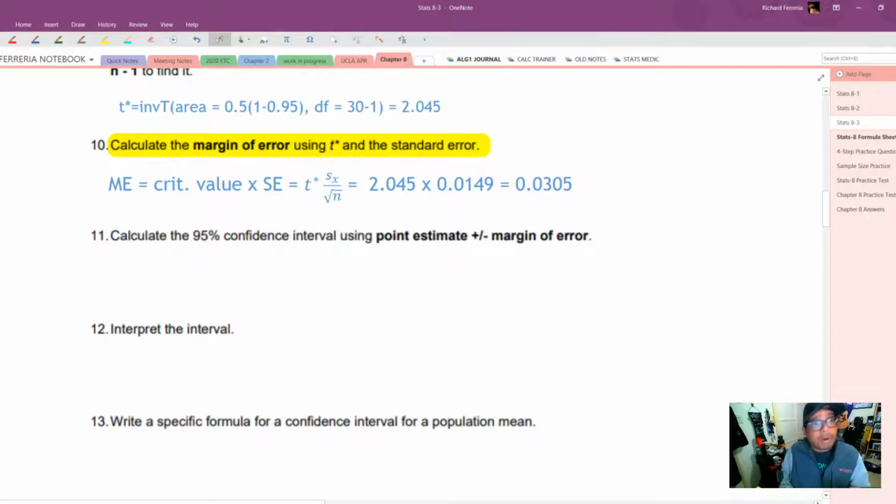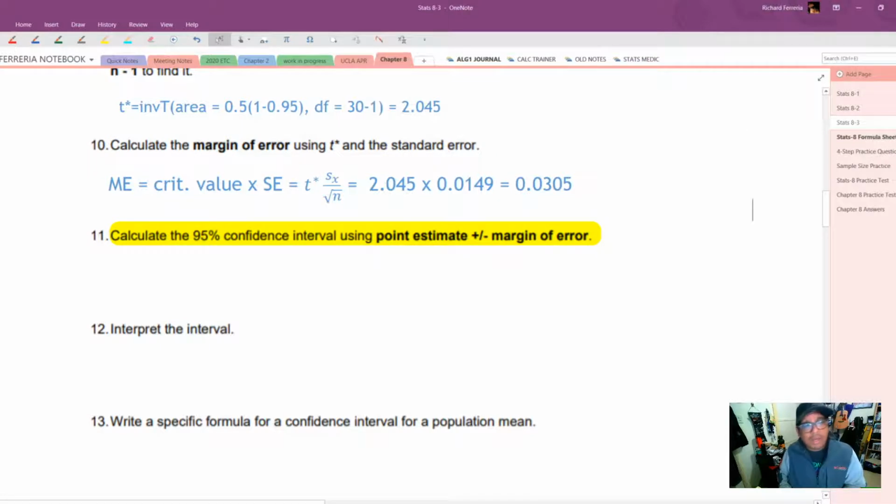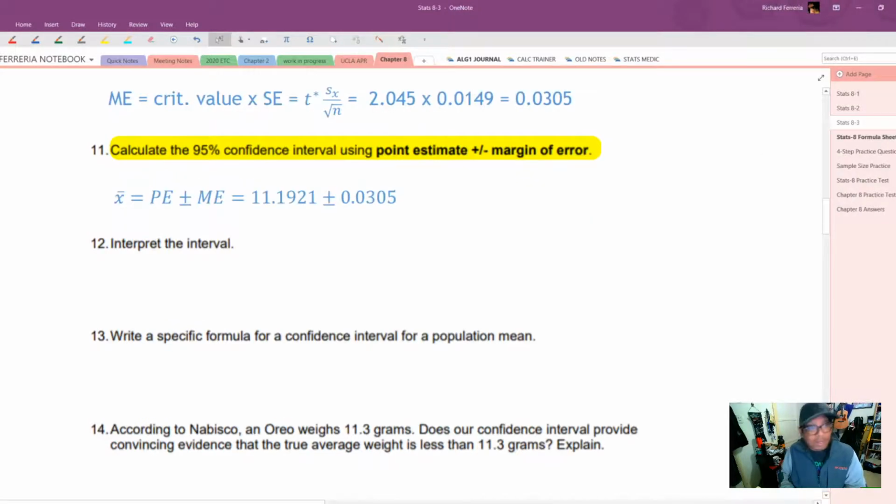This gives me the margin of error of 0.305. Calculate the 95% confidence interval using the point estimate plus or minus the margin of error. And that gives me 11.1921 plus or minus 0.305.